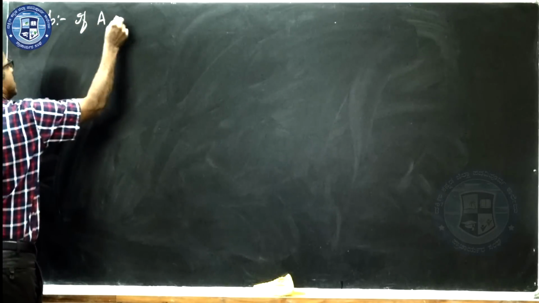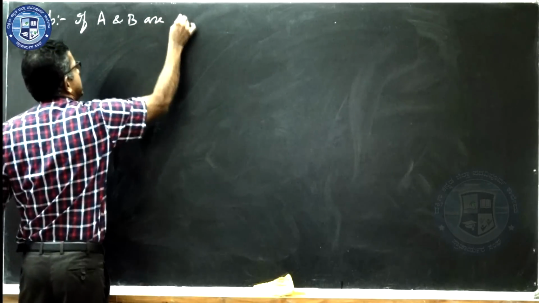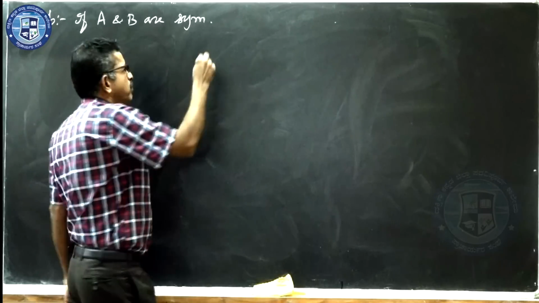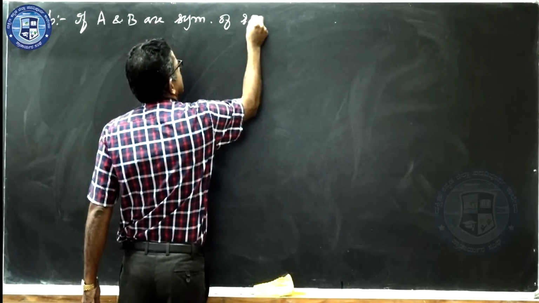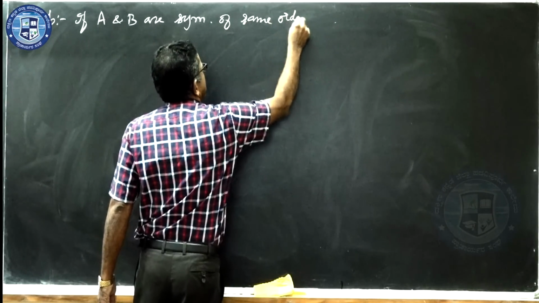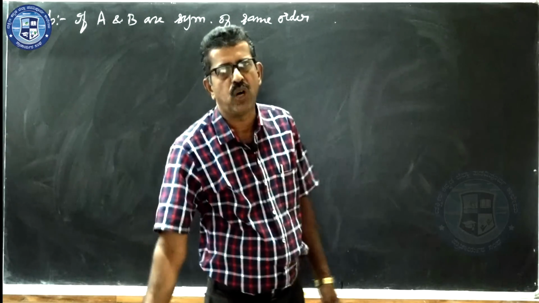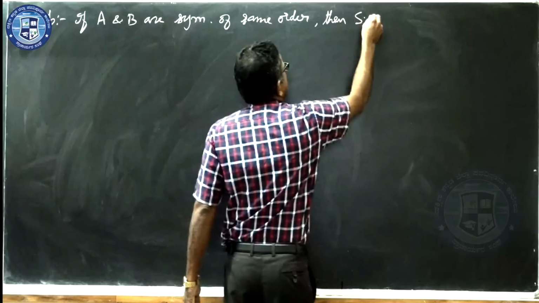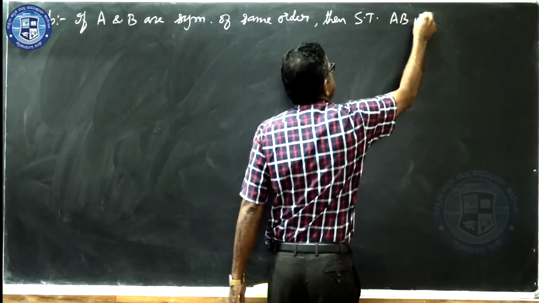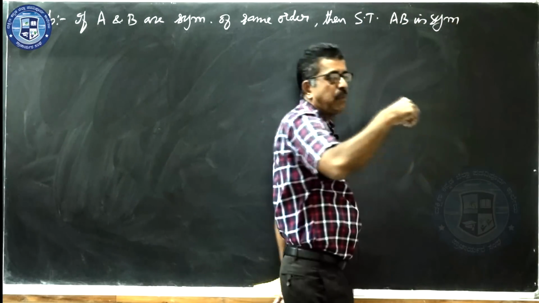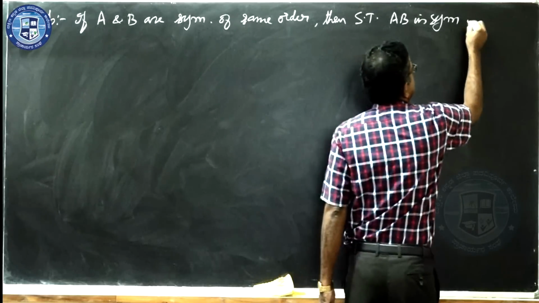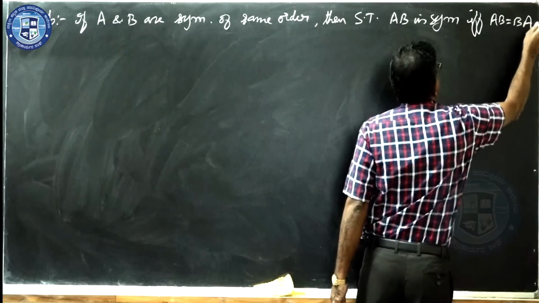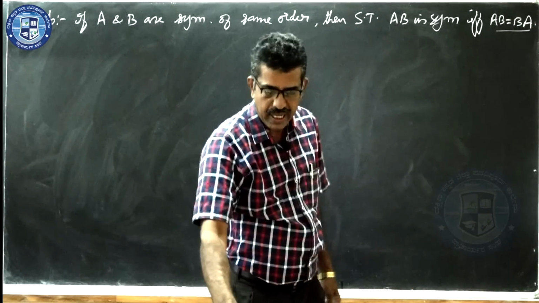If A and B are two symmetric matrices of the same order, then show that AB is symmetric if and only if AB is equal to BA.